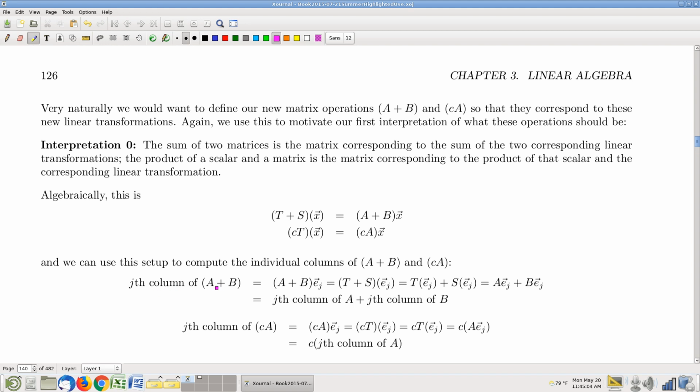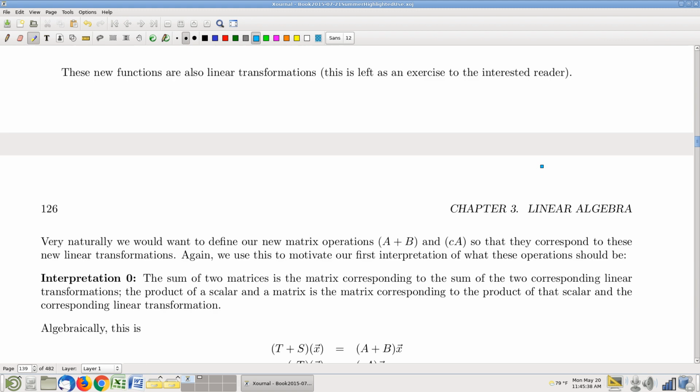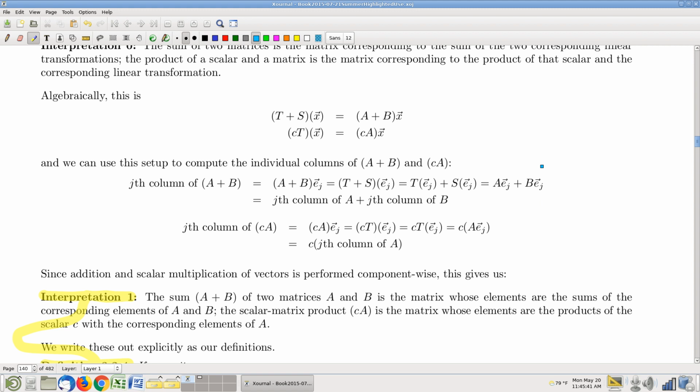Specifically, I'm going to compute this matrix A plus B. For organizational purposes, I want T to be represented by the matrix A. I want S, the linear transformation S, to be represented by the matrix B. So just make sure to recall T is represented by A, S is represented by B. And with that in mind, how do I compute A plus B?